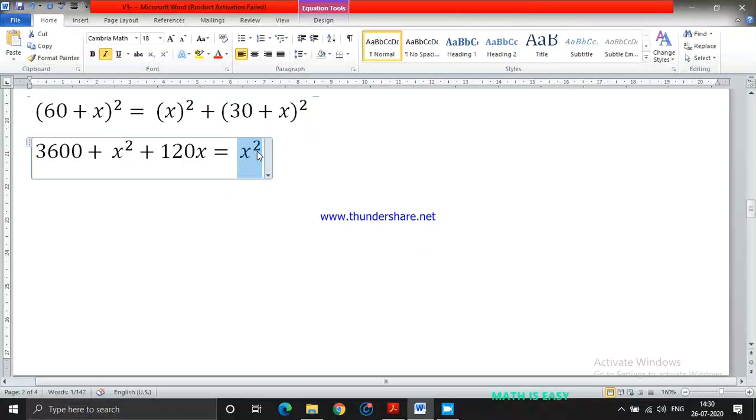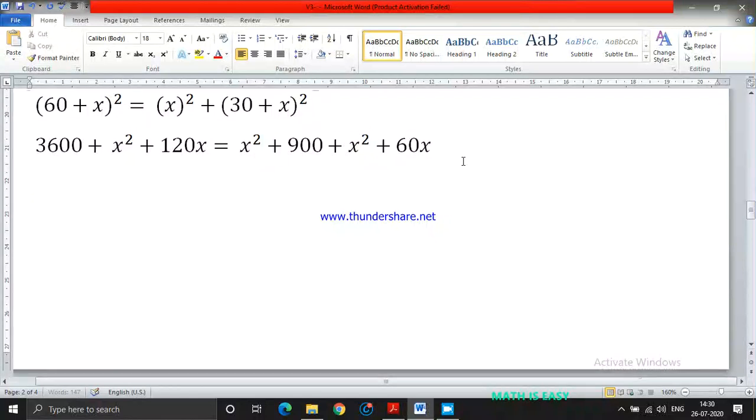Okay, because x whole square is x square. Plus, now expand this one, 30 plus x whole square, by the (a plus b) whole square formula: 30 square is 900, plus x square, plus 2ab, 2 into 30 into x, that is 60x.